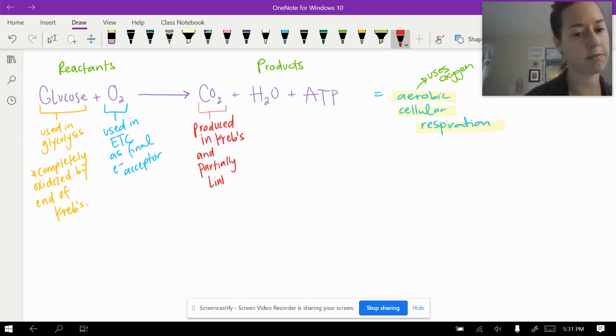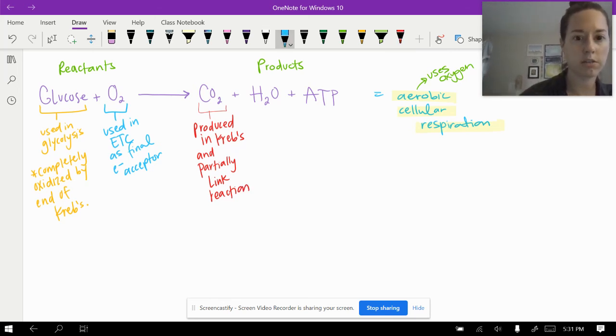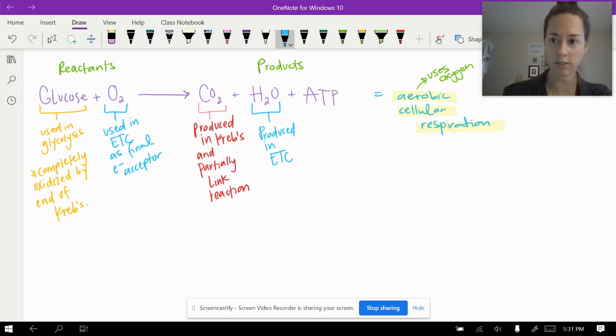The water is produced in the electron transport chain when oxygen accepts 2 electrons and 2 hydrogens.